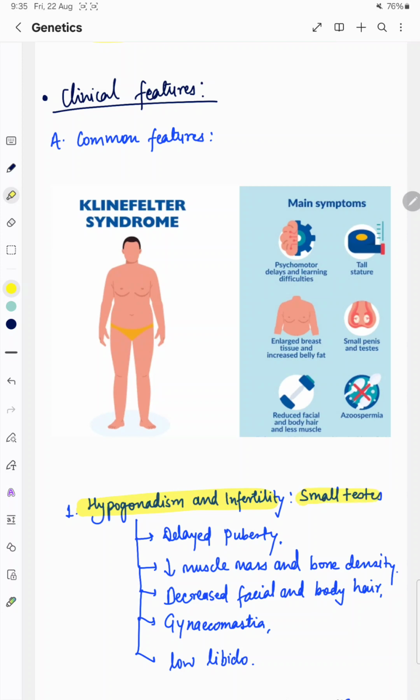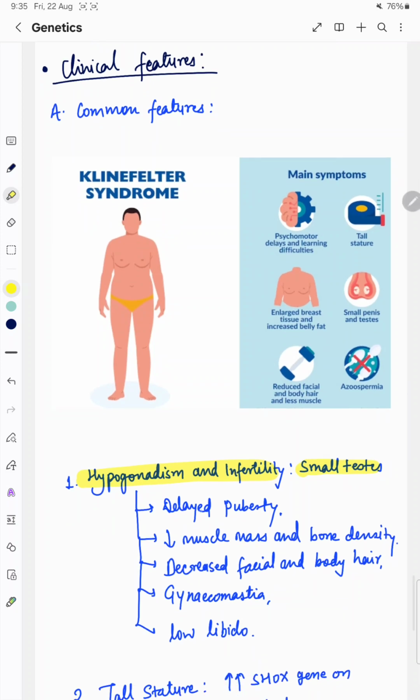Typically, small and firm testes are present, and because of the low level of testosterone this is responsible for delayed puberty, decreased muscle mass and bone density, decreased facial and body hair, gynecomastia, and low libido.